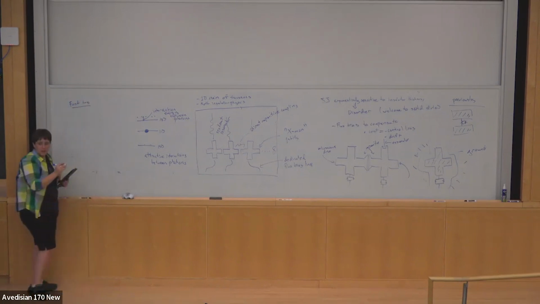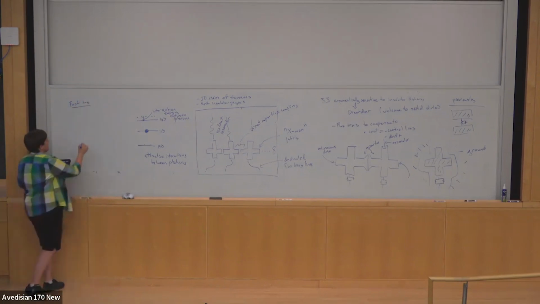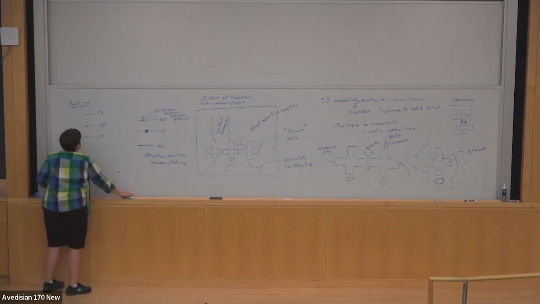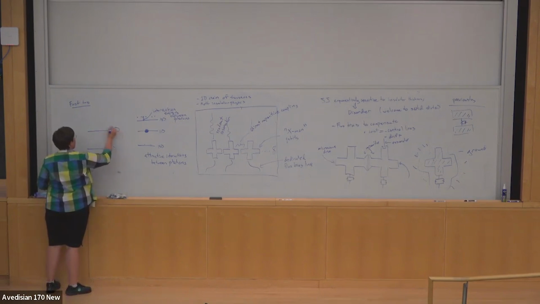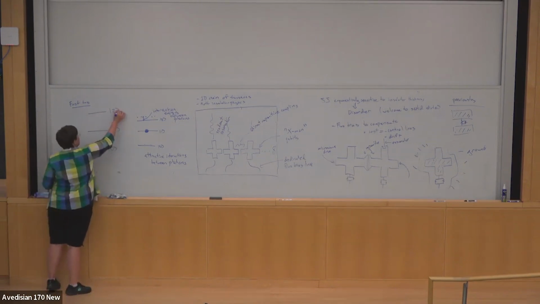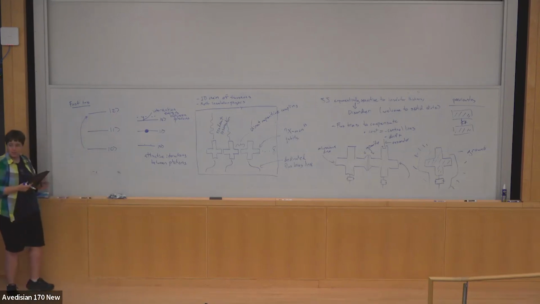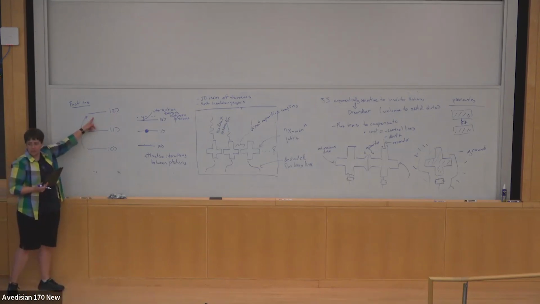I'm an atomic physicist. I know what optical pumping is. This seems like a really good idea. And so what you could imagine trying to do, actually, let me just draw this really big. So you could imagine, let's drive an excitation from the 0 state to the 2 state.